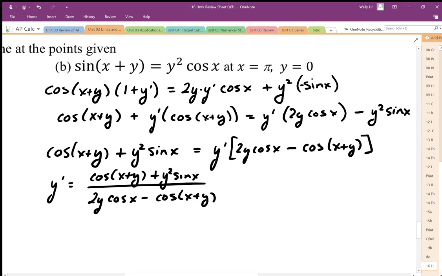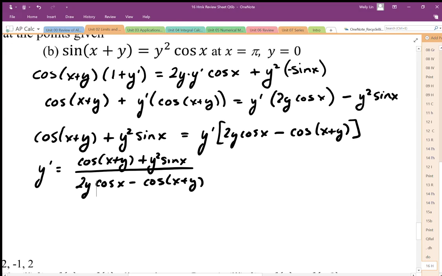Okay, so if there was a need to tease out the cosine x or sine y or cosine y, I could maybe use an identity for that. But in this case, it doesn't look like there's a need for that, so I won't bother. So I want to find the slope at pi and 0, so I'm going to plug in my values.